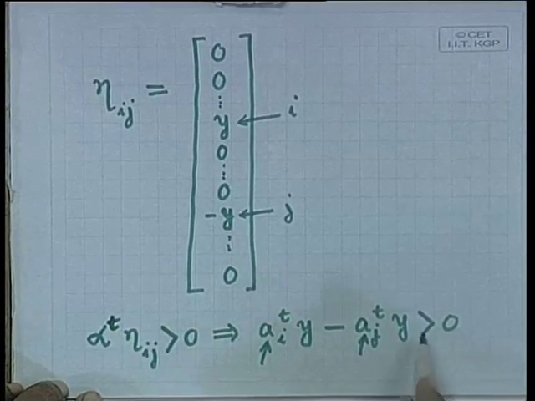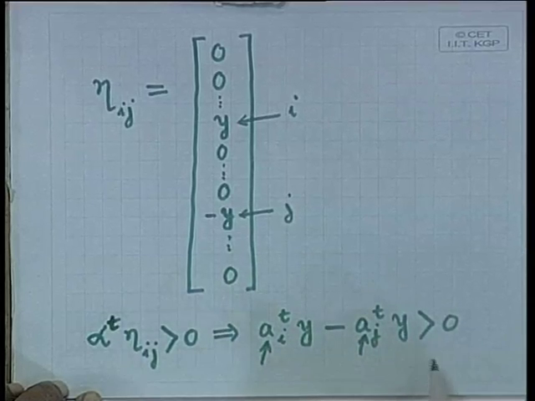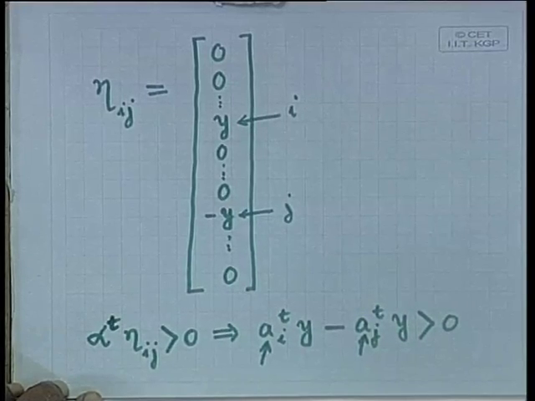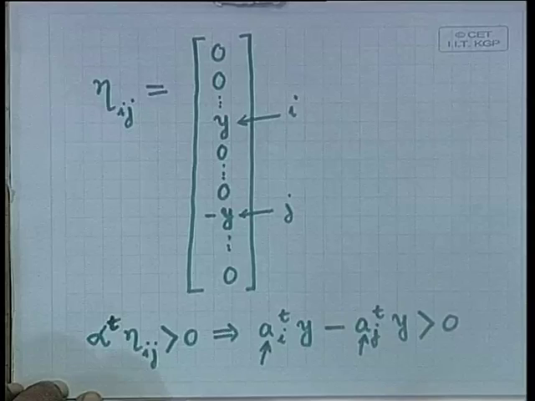Okay. So, if I find that this condition is not satisfied for any sample y, then I have to modify actually two weight vectors. Not only A i, I also have to modify A j, because both of them are responsible. In the earlier case, because it was a 2 class problem, I had a single weight vector, so I had to decide whether to modify that weight vector, and if so, in which way.